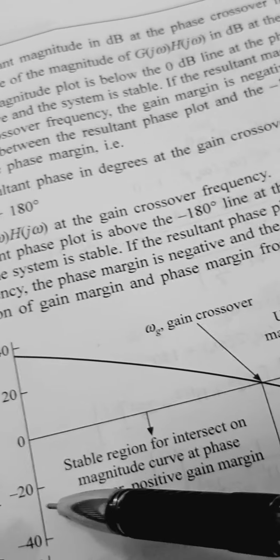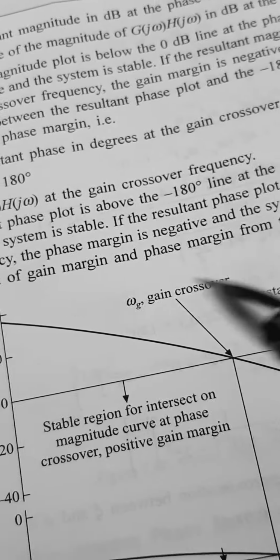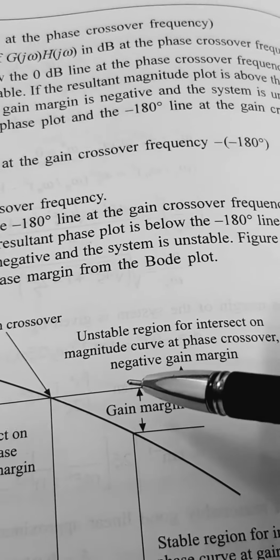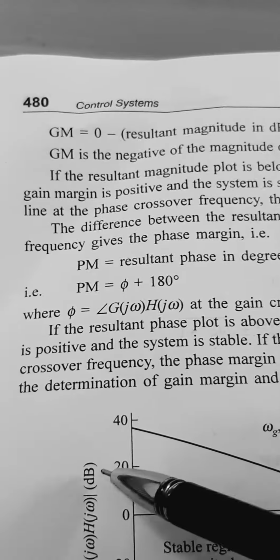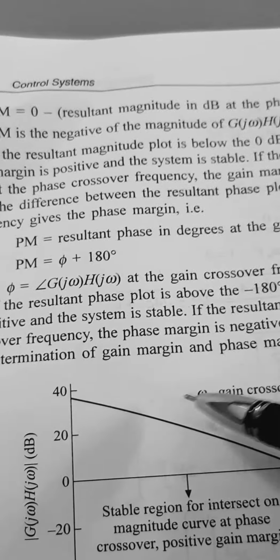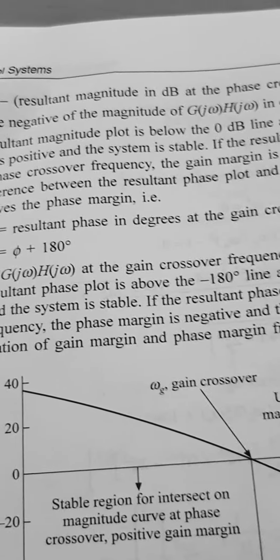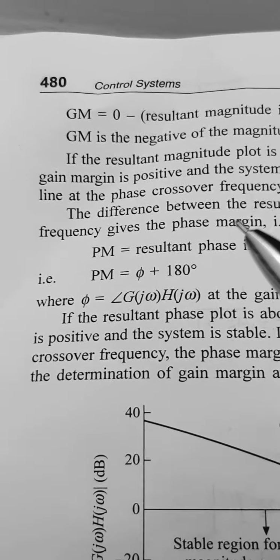For example, if it is minus 20, minus of minus 20 becomes plus 20. So when you get a gain margin of plus 20 dB, it is stable. If the magnitude is plus 20 dB, minus of that is minus 20 dB as the gain margin, and in that case it is unstable.